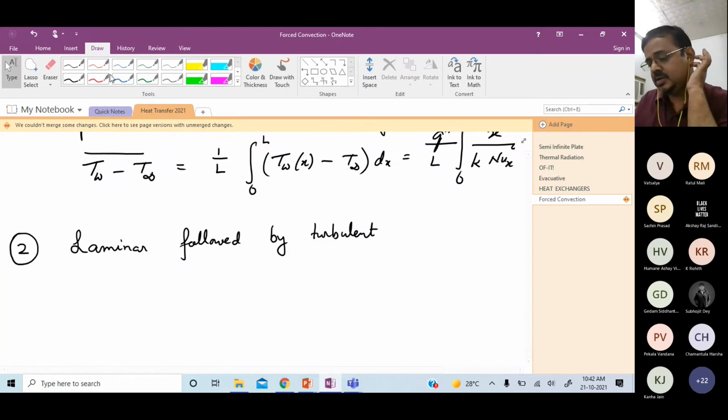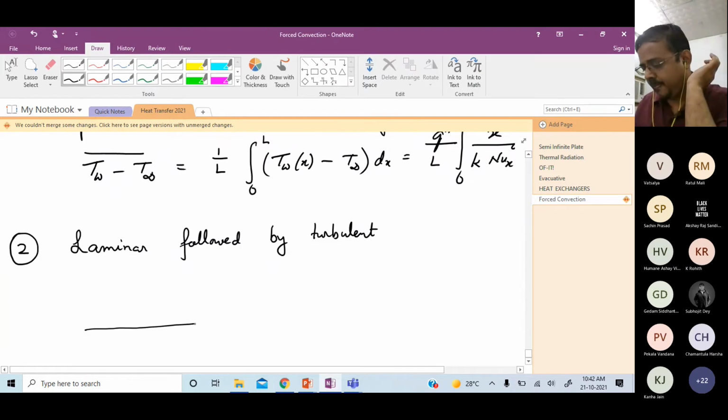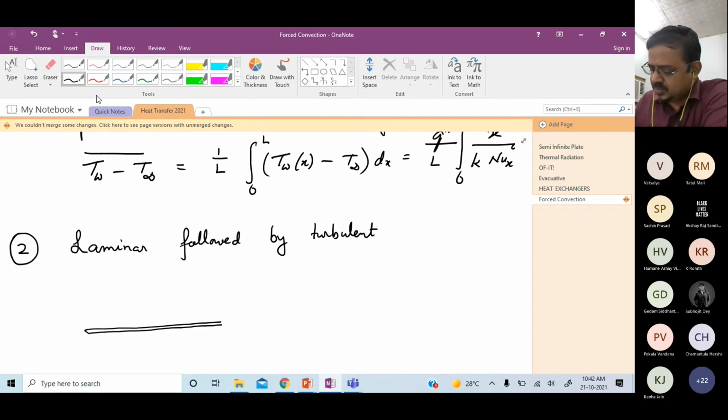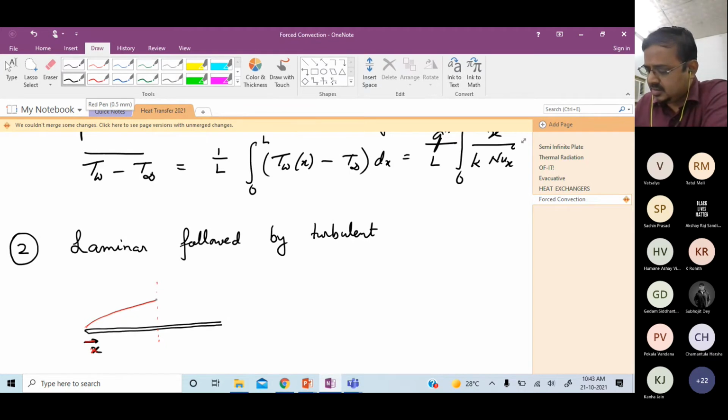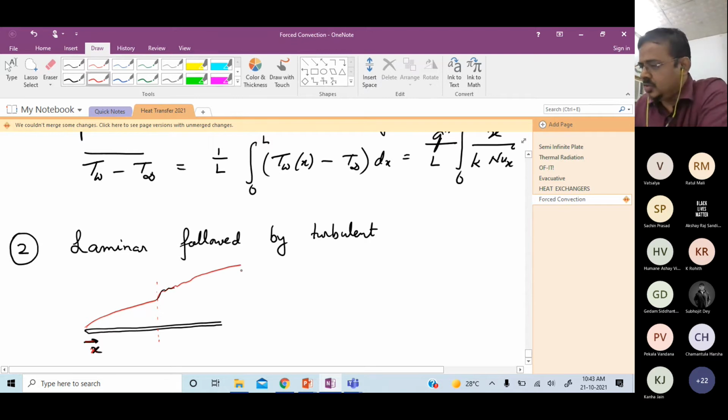What do I mean by that? What happens is, I'll just draw the thermal boundary layer right now. It's going to stay laminar till the Reynolds number in terms of x exceeds the critical Reynolds number value, and after that, it is going to go to turbulent mode.